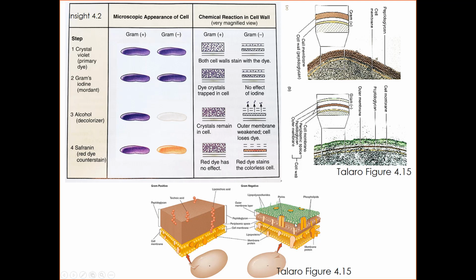Whereas because the crystal violet was cemented in the thick peptidoglycan layer of the gram-positive cells, it does not decolorize quite as quickly. So at this step then, the cells are two different colors. One is colorless, the gram-negative, and one is purple, and this is how we differentiate the two cells.